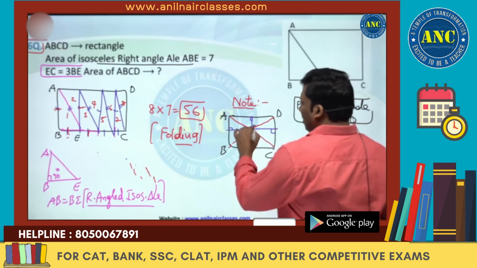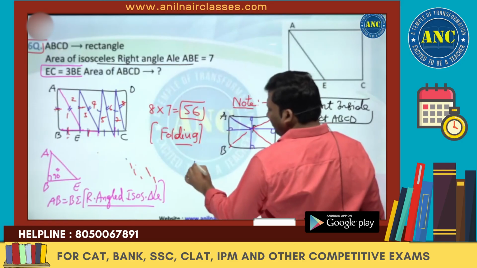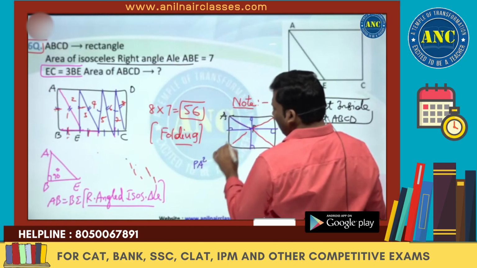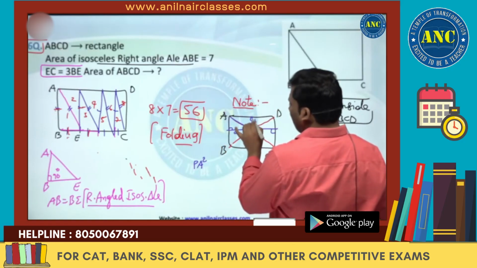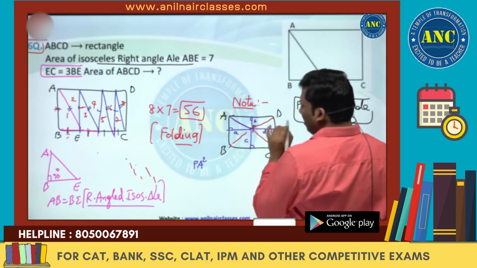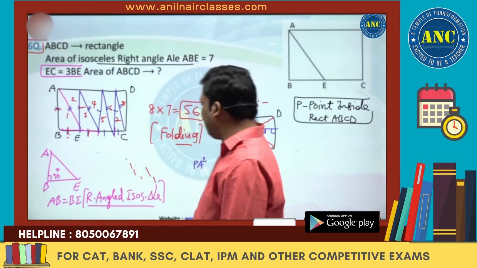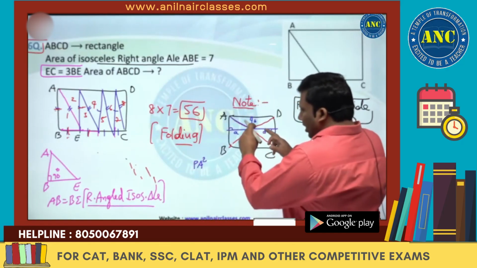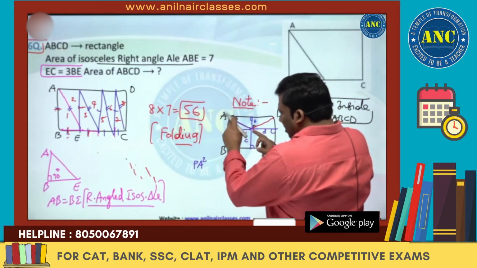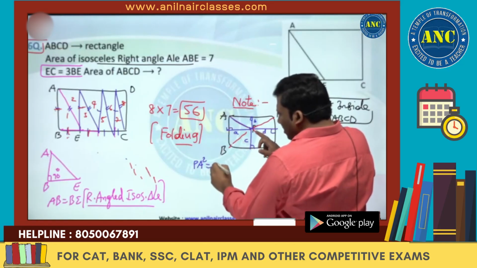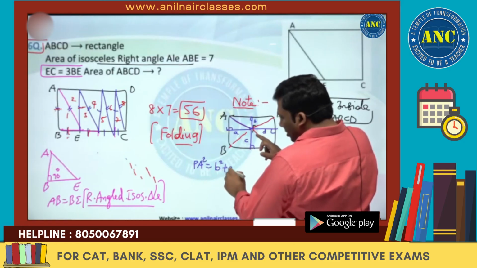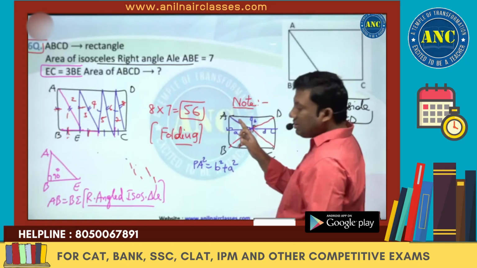Now if you see, this is PA. Let these perpendiculars, the lengths of the perpendiculars, be A, B, C and D. Now if you see, PA square is B square plus A square. I hope it is clear.